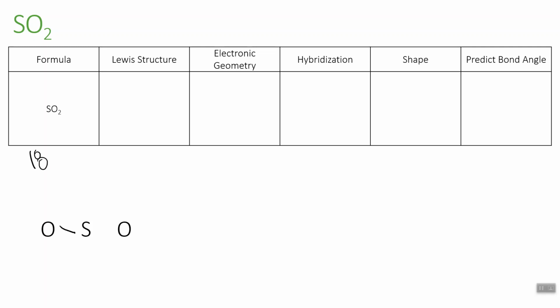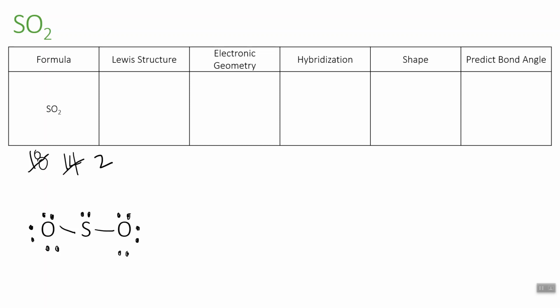I'm going to start with some single bonds. I've just placed 4, which means I have 14 left. I'm going to start placing those where I can to satisfy any octets. That's 12 more, so now I've got 2 left, and there's no place else where I can put them, so I'm just going to put them as a lone pair on sulfur.